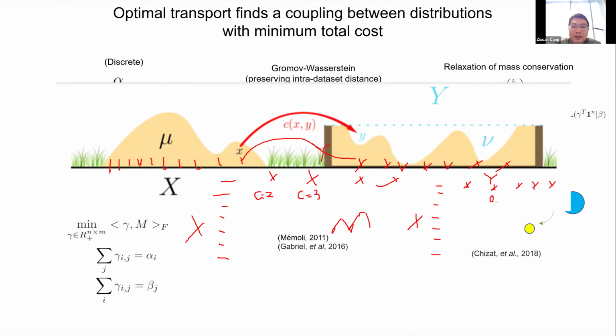So if we have, for example, 0.1 here in this location, that means we have a transport plan that transports this amount of sand from this location to this location. And the cost of transporting this amount of sand from this location to this location is based on both the amount transported and also the ground cost.